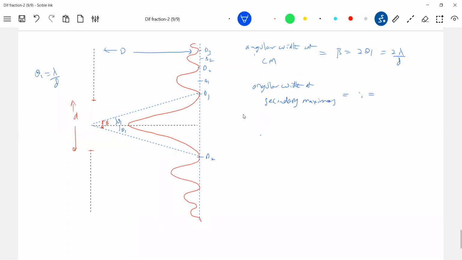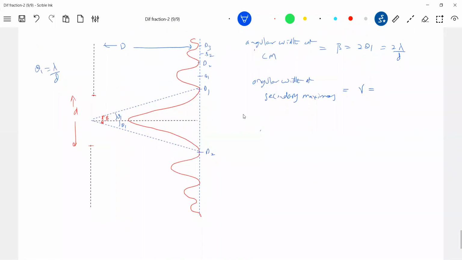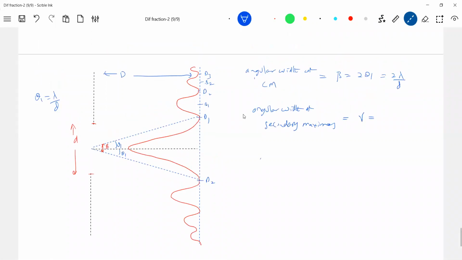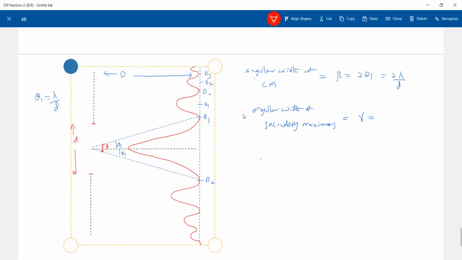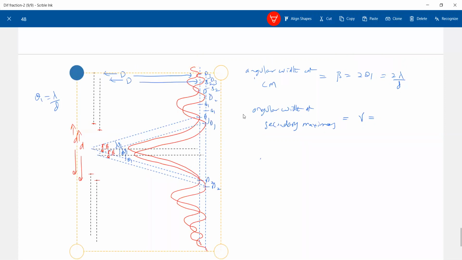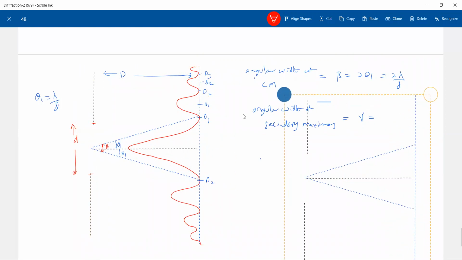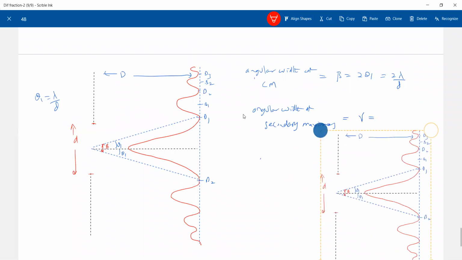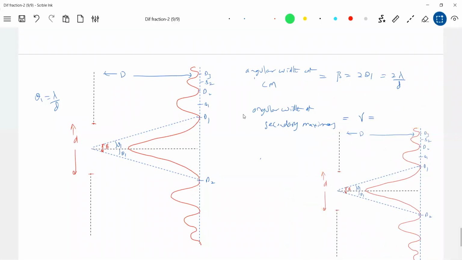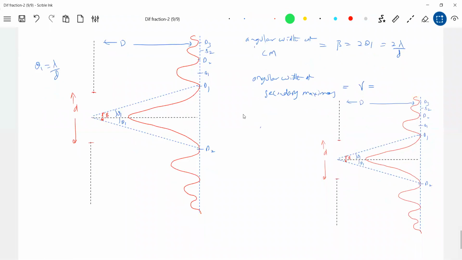You can call it symbol gamma. Books use some other symbols. The angular width of secondary maxima means B1, B2; that we have to take. So the suitable diagram will be this.